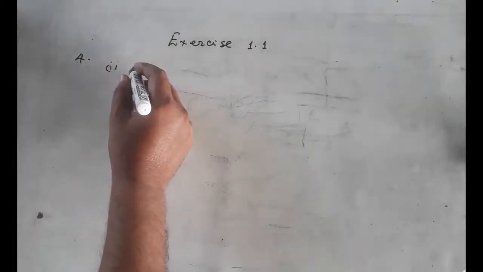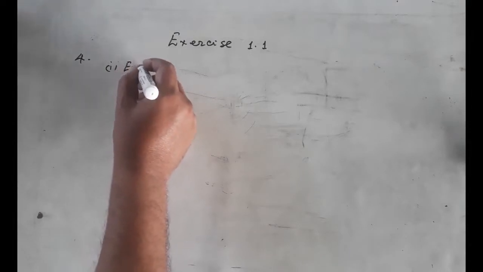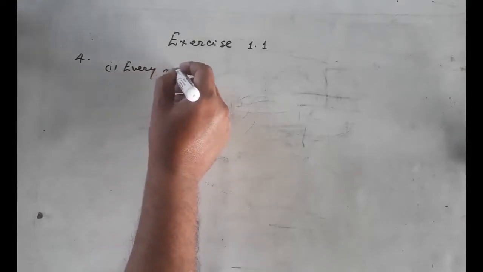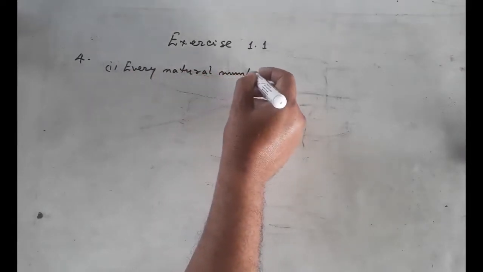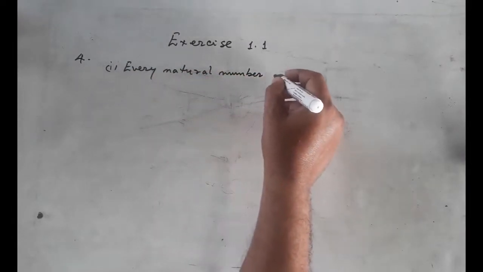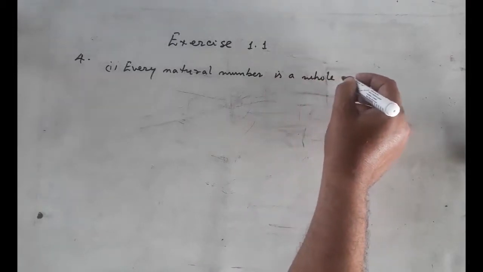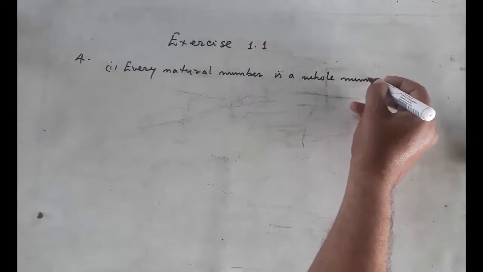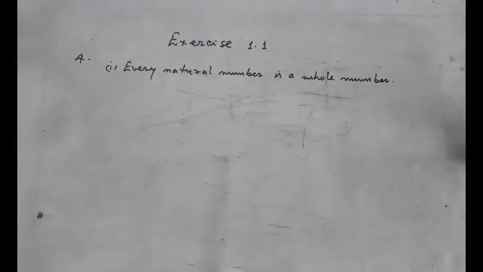First is, every natural number is a whole number.